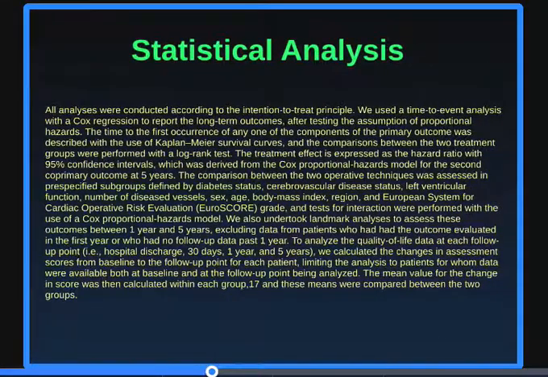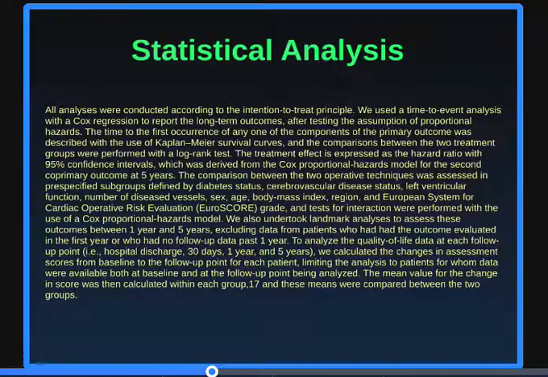Statistical analysis. All analyses were conducted according to the intention-to-treat principle. We used a time-to-event analysis with a Cox regression to report the long-term outcomes after testing the assumption of proportional hazards. The time to the first occurrence of any one of the components of the primary outcome was described with the use of Kaplan-Meier survival curves, and the comparison between the two treatment groups was performed with a log-rank test.